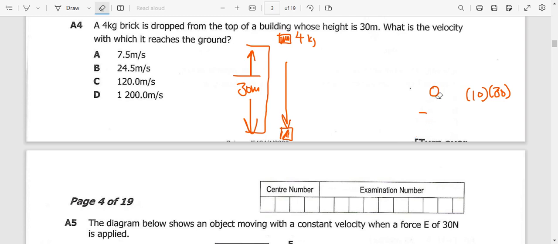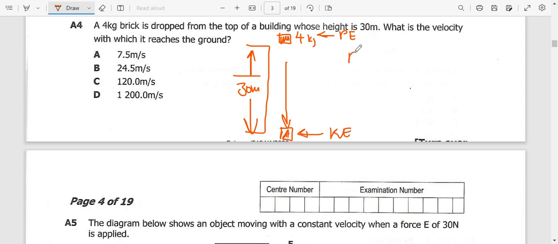Now, you have an object that has been dropped from the top of a building. When something is on top of a building and able to fall, the kind of energy it possesses is potential energy. When it starts falling, by the time it reaches the bottom, all the potential energy has been converted into kinetic energy.